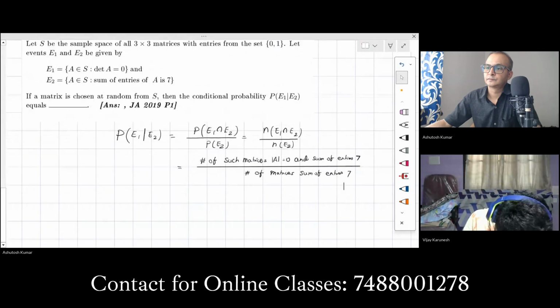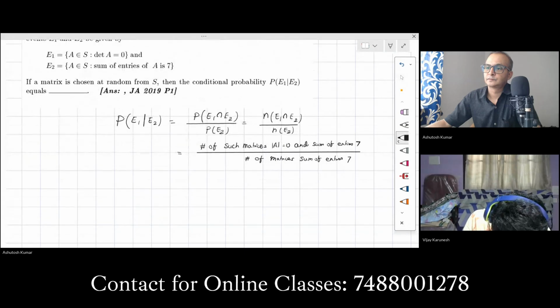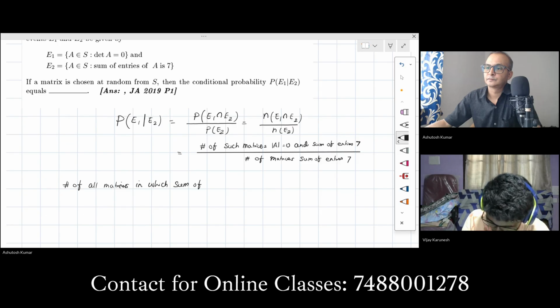So we are finding the number of all matrices in which the sum of entries is going to be 7.